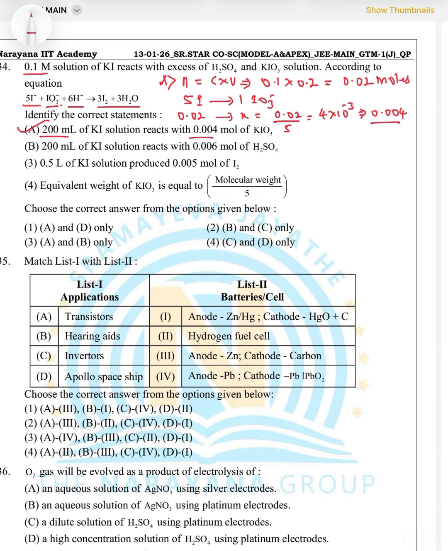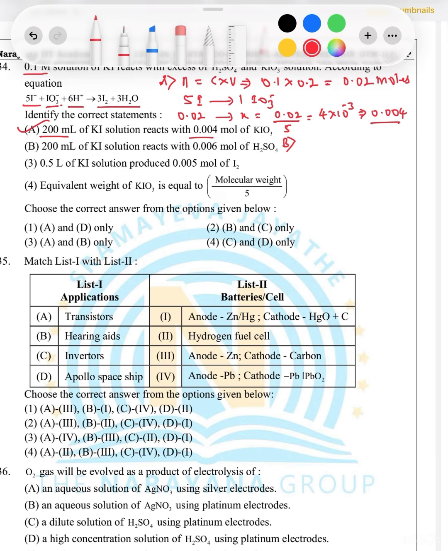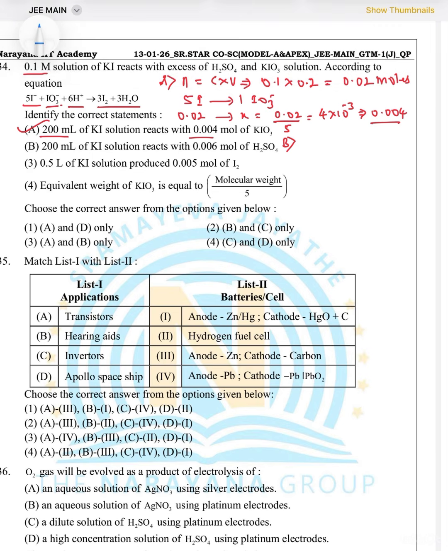Next, in the same way B also let us solve. So B is what? 200 ml of potassium iodide solution reacts with 0.006 moles of H2SO4 solution. As we know, according to the equation, 5 moles of iodide I minus react with how many moles of acid here? 6 moles of H plus. But 0.02 moles requires how many moles of acid?